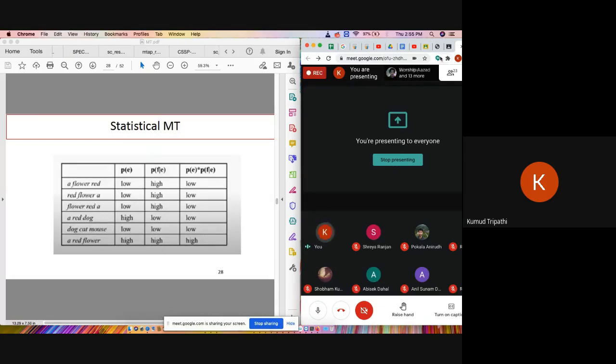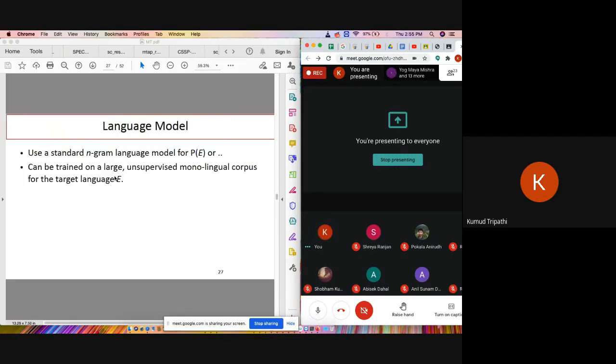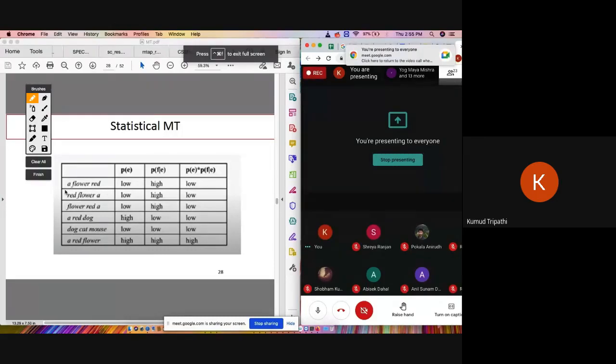So this is one example to understand this logic. Suppose the original sentence is written in English. This is what we were doing now. We were trying to convert English into French, or you can say a foreign language. Let me write it in French. This is the translation we wanted to do.